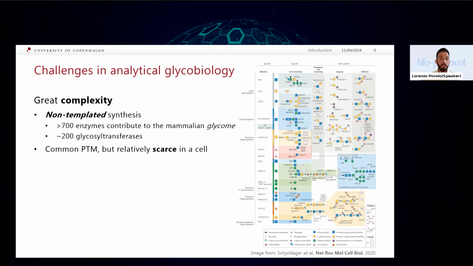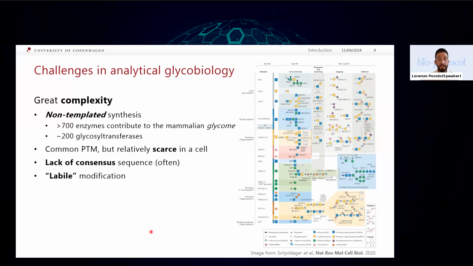In addition, except for a very few classes of glycans, there is a lack of consensus sequences, so we cannot directly predict from the amino acid sequence where a glycan will be found. And glycosylation is often classified as a labile modification, and this lability comes from some analytical challenges that we will discuss more in the next slides.